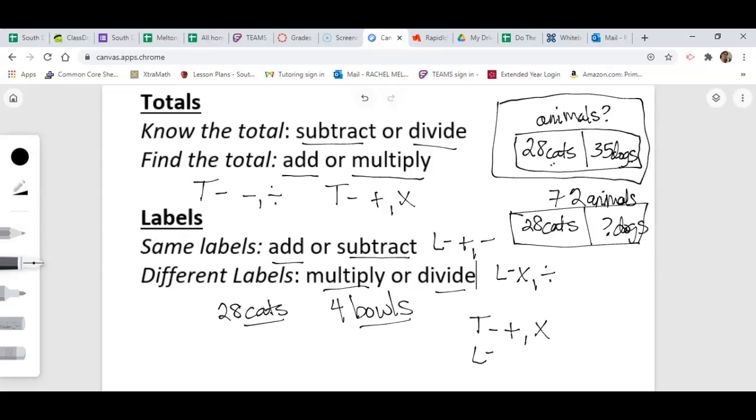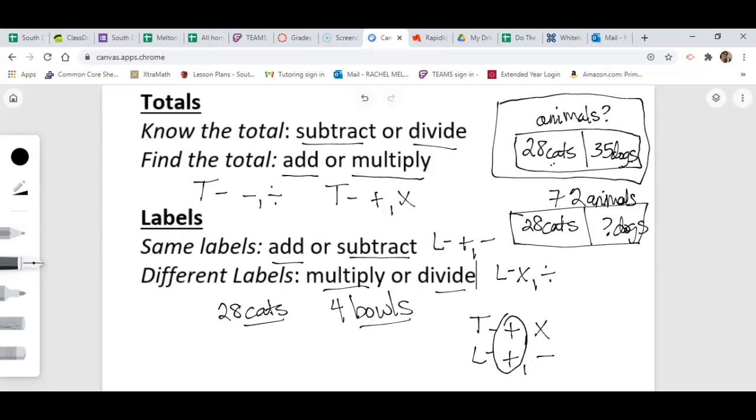So I would say that this label is actually the same. So if my labels are the same, I add or subtract. So at this point, what they do is they find the operation that is the same in both the total and the label, and so that is the operation that they do.